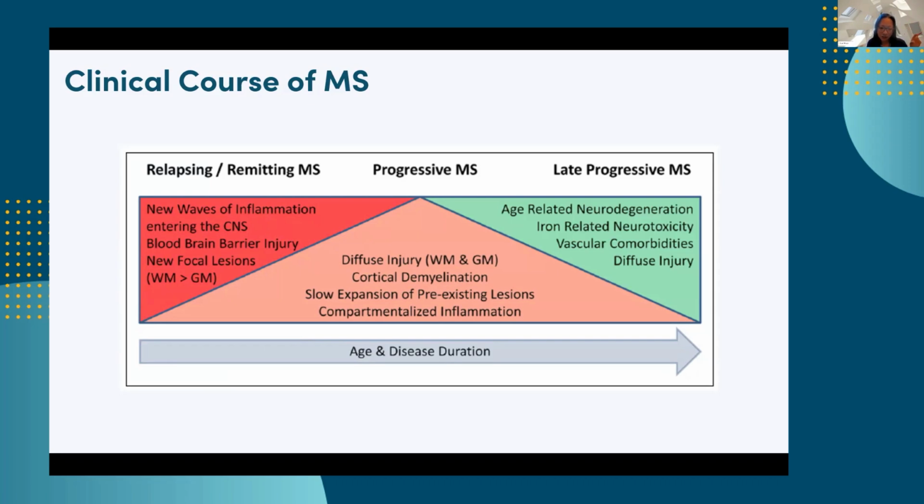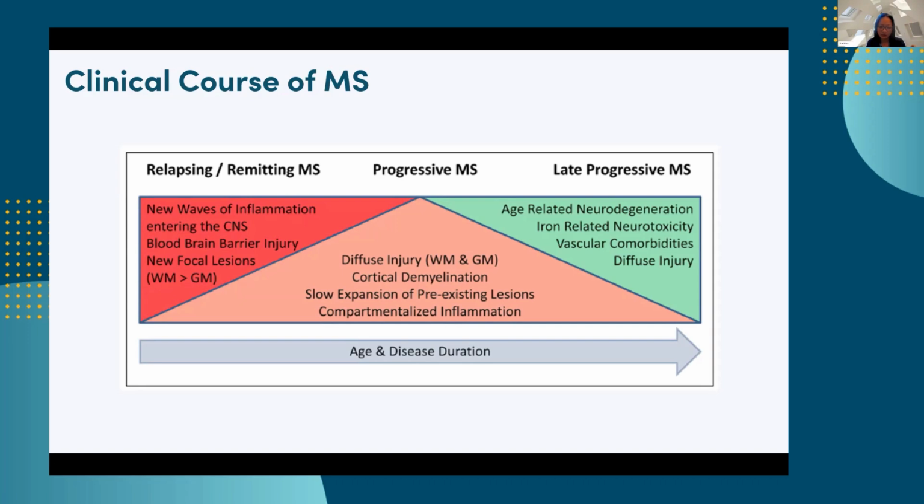It would cause lesions that we would see, and the white matter lesions were much more prevalent than the gray matter lesions. And then we thought that eventually the inflammation goes away and you start getting into progression, which is in the green box, and that progression was driven by a lot of age-related processes: age-related neurodegeneration, iron toxicity, vascular comorbidities, and diffuse injury.